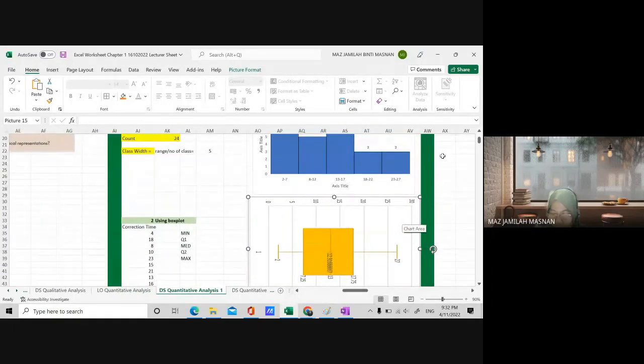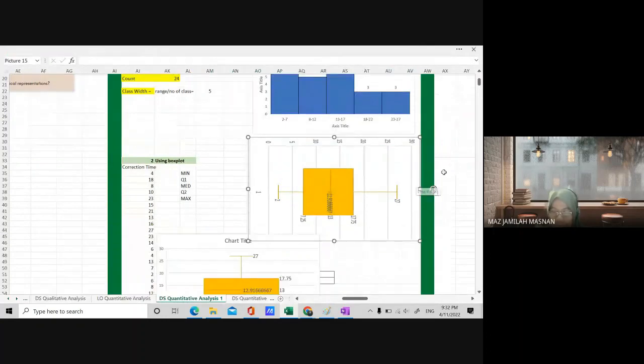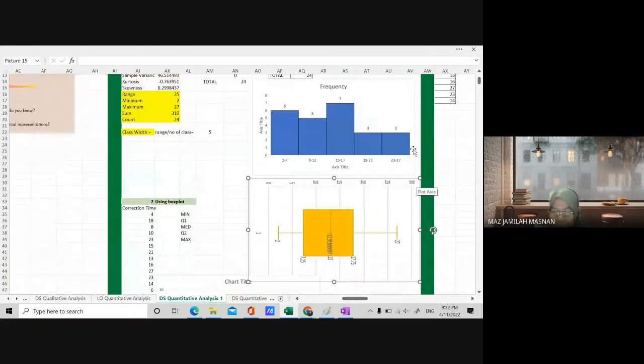So you can see this chart clearly. How does the distribution of this data look? Okay, what can you tell, class? Why do we call it box and whiskers instead of box plot and five number summary?